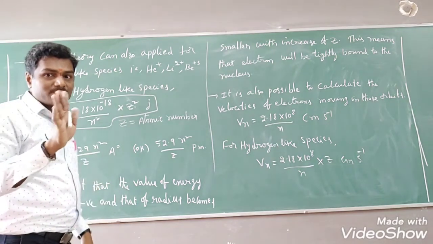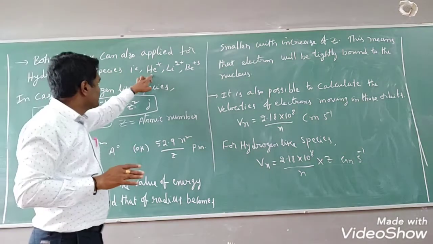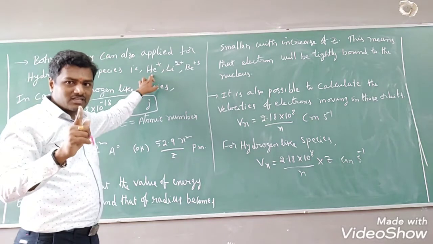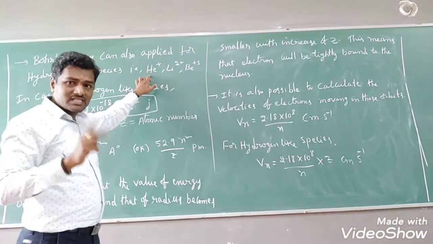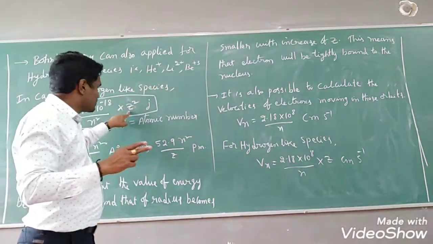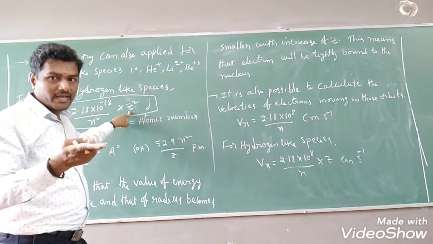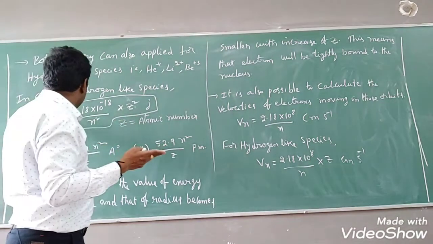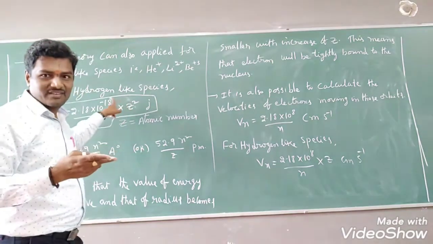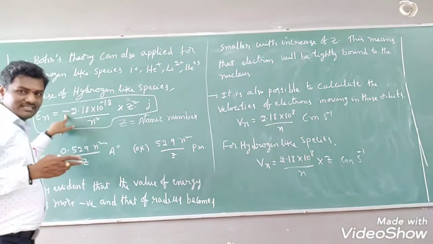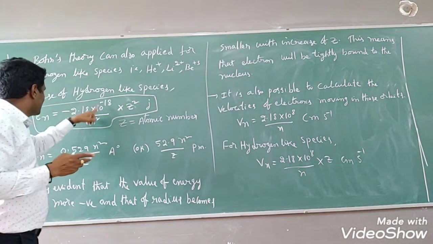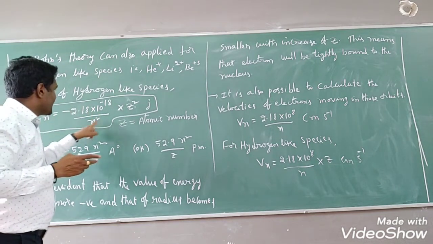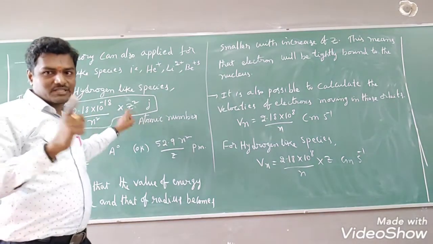But for hydrogen-like species, it is not like that. Suppose you take He+, containing only 1 electron, but the atomic number of He is 2. You need to substitute the value 2 here, 2 square, so automatically this energy value becomes more negative. This energy value will always vary with n and Z value, definitely, students.